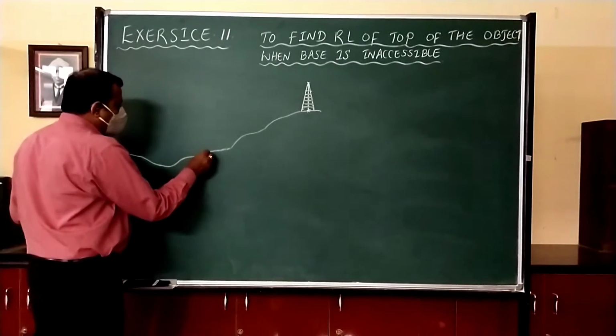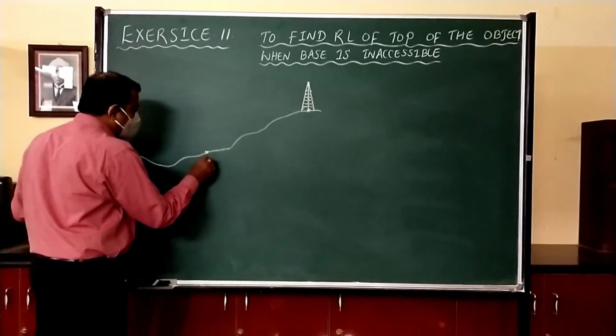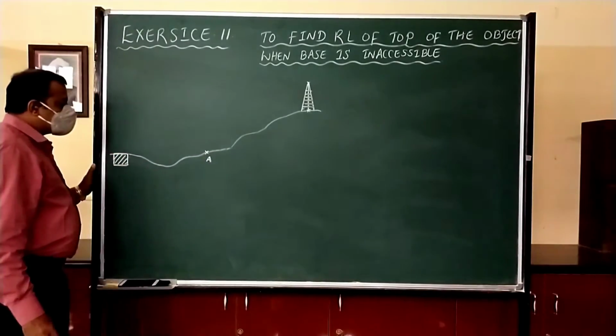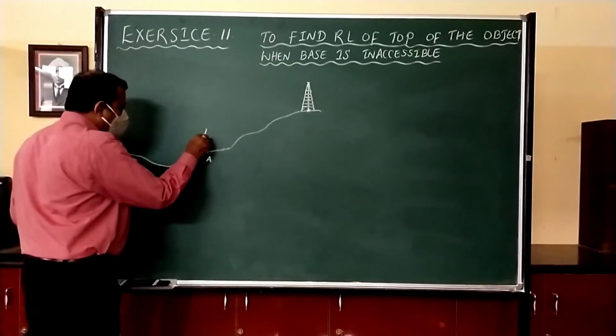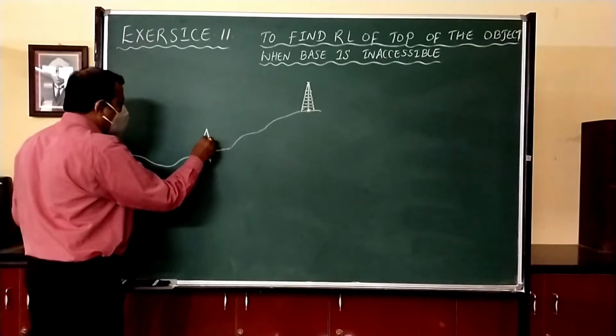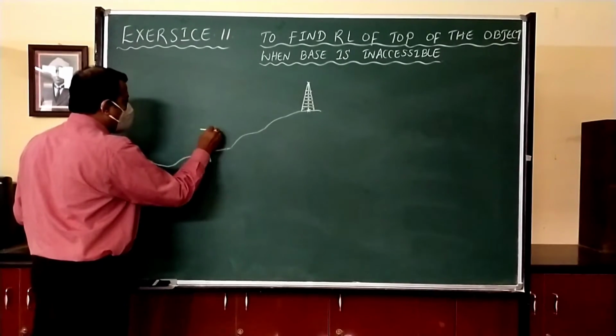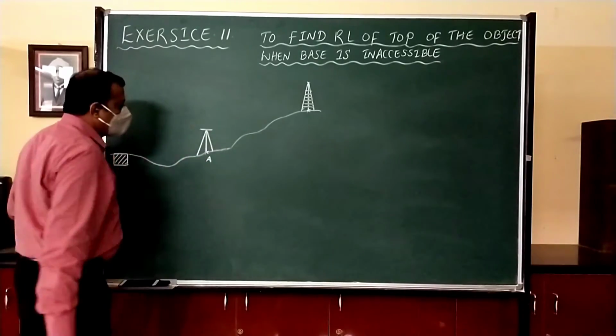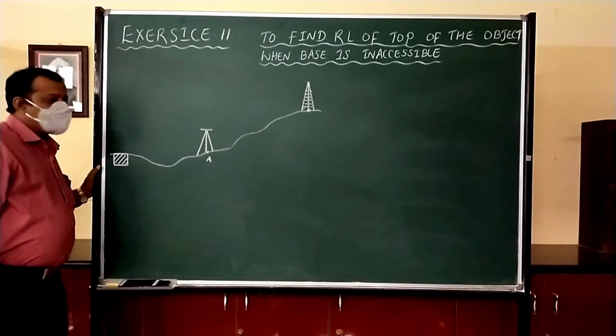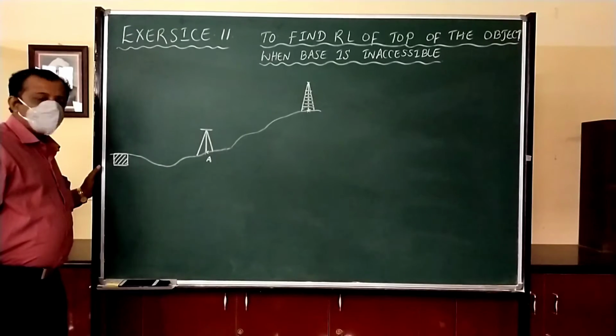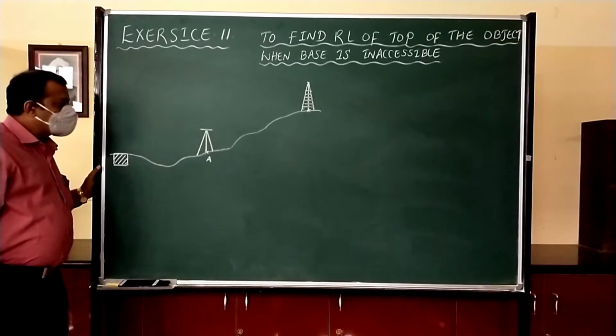and at that particular point select station A. At station A, set the theodolite over the station and do all temporary adjustments. You know what the temporary adjustments are: first centering, then leveling, and then removing the parallax, focusing.